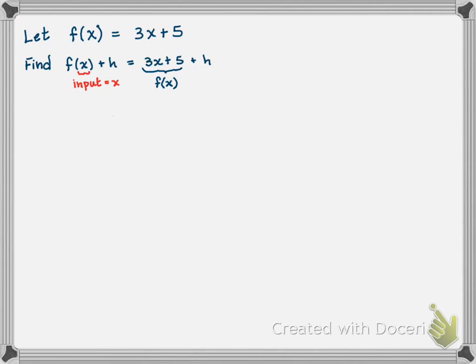This is one of those ones that looks like it might be complicated, but it's really copy what f of x is and then tag an h on at the end, because the h isn't part of the input, so it doesn't affect what happens with our rule at all. We're acting on the output of the function rather than on the input, because that plus h happens after we plug x into the function, and then we just add something onto it. So we could also find f of x plus h like so.